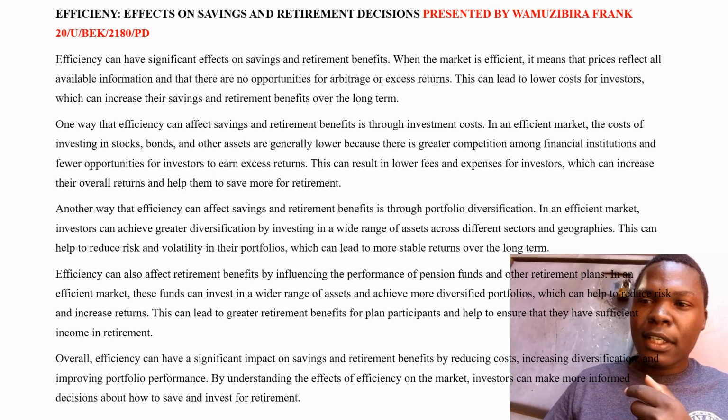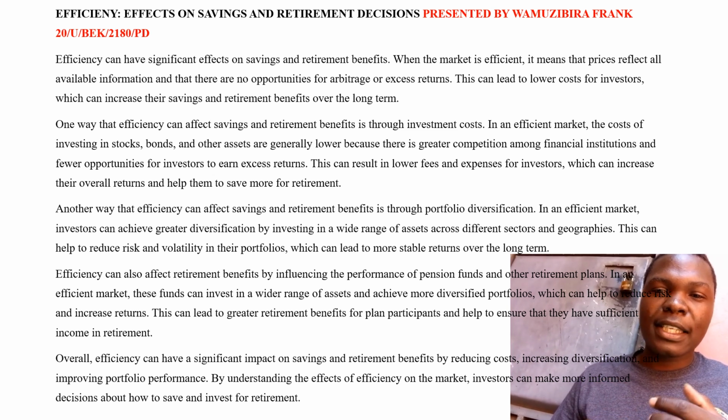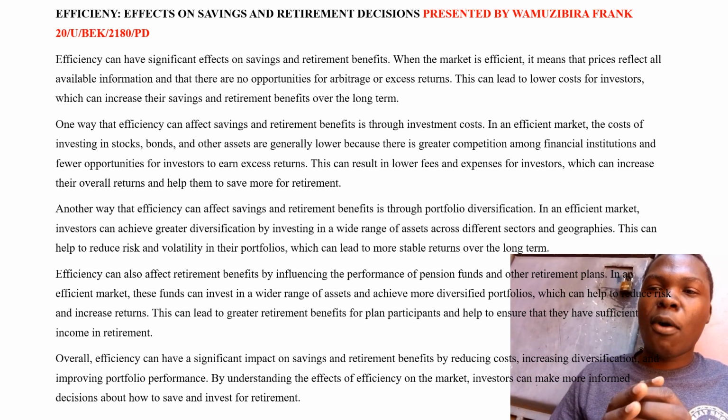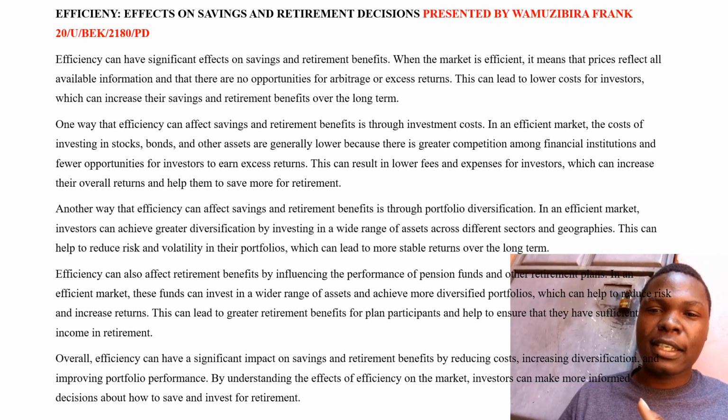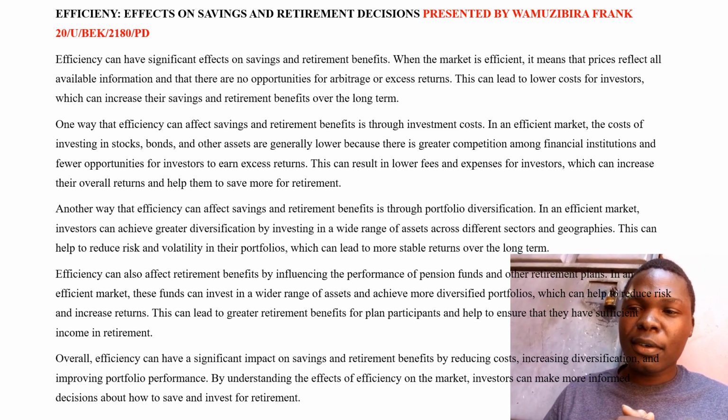One, this is through investment costs. In an efficient market, the costs of investment in stocks, bonds, and other assets are generally lower because there is greater competition among financial institutions and fewer opportunities for investors to earn excess returns. Two, this is through portfolio diversification.